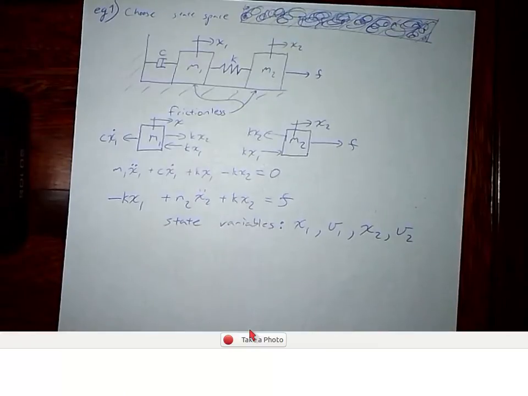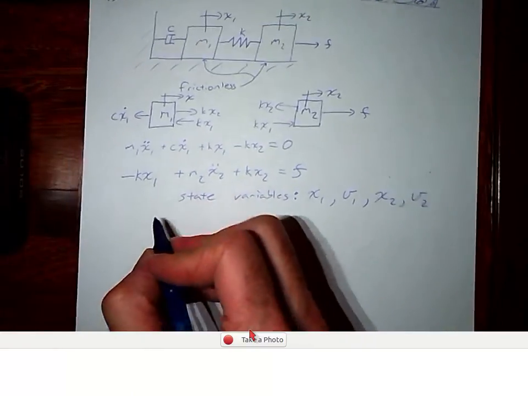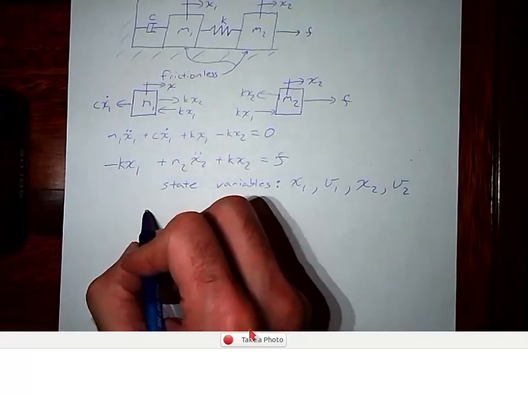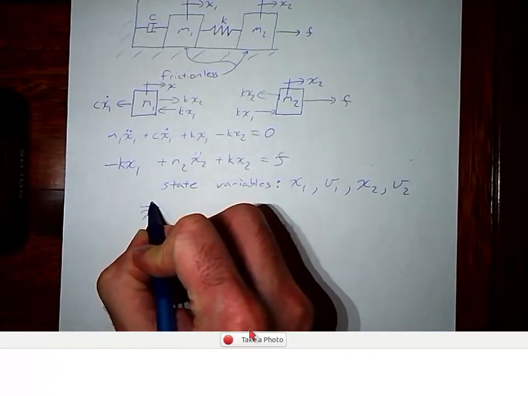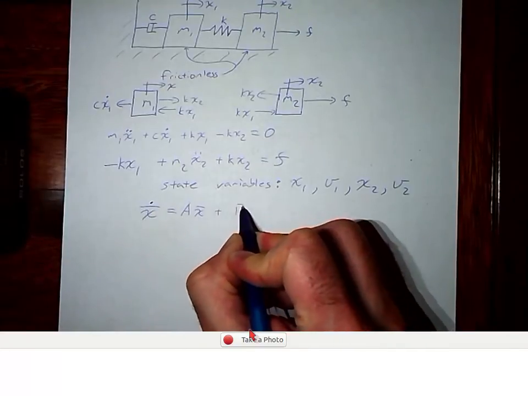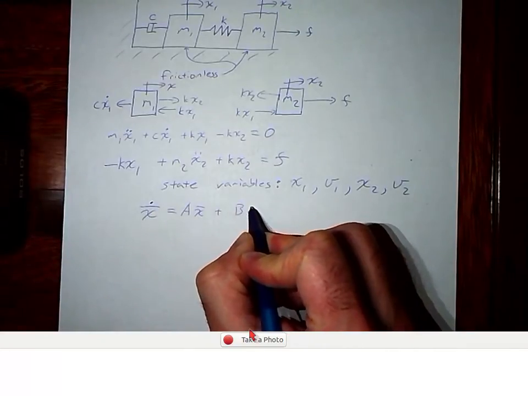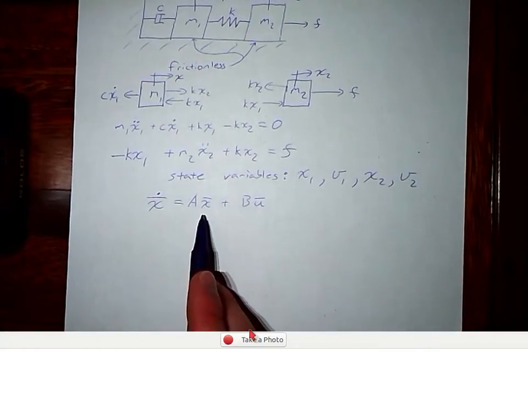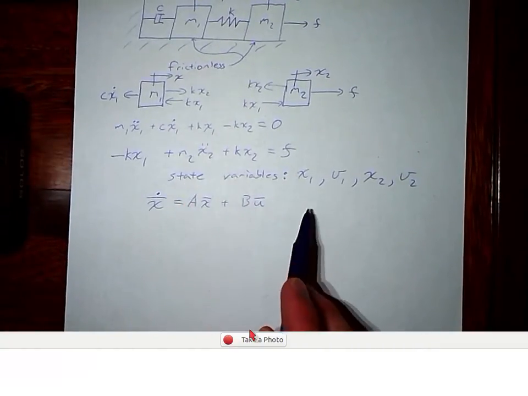So now we can write our state equations. And if you remember, the standard form is your state vector, the time derivative of your state vector is A times x plus B times u, where u is the input. So we'll write this equation for our state variables.